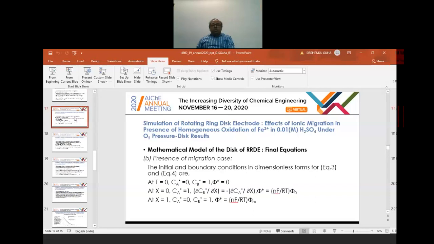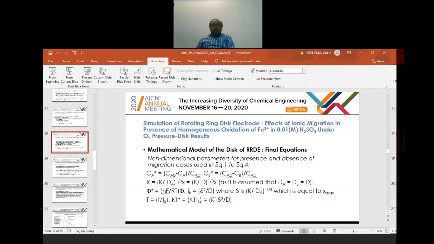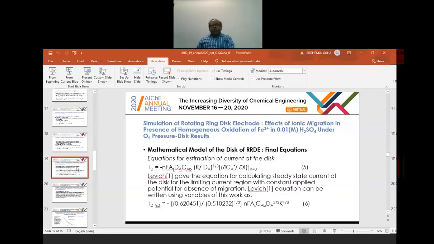Basically, there are a set of equations for the presence of migration case as well as the absence of migration case, with boundary conditions, which are solved to ascertain the effect of migration. So I will go quickly through these slides. Now, this equation gives the current which is obtained at the disk, and the comparison with the Levich equation also.